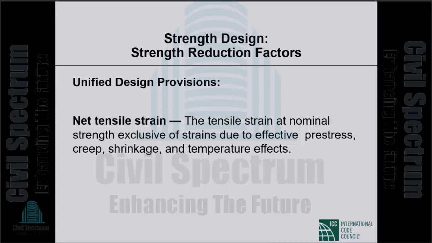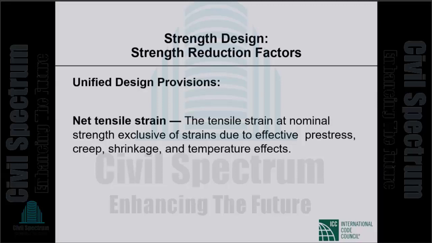Net tensile strain is the strain in the tension reinforcement when that happens, when the concrete strain at the extreme compression fiber reaches a value of 0.003. Okay? And we call it net tensile strain because the strain in the reinforcement must be caused entirely by externally applied loads.